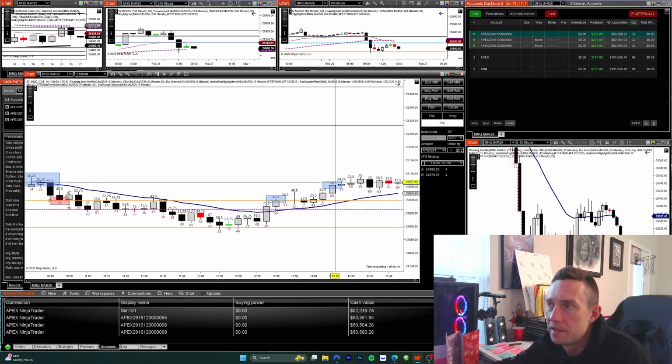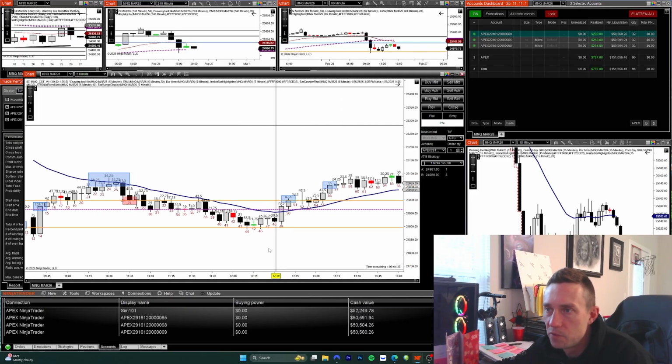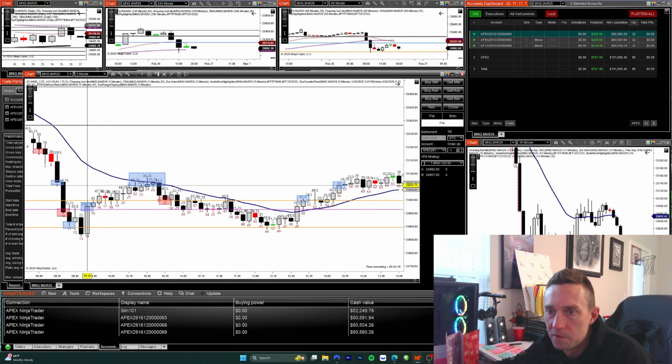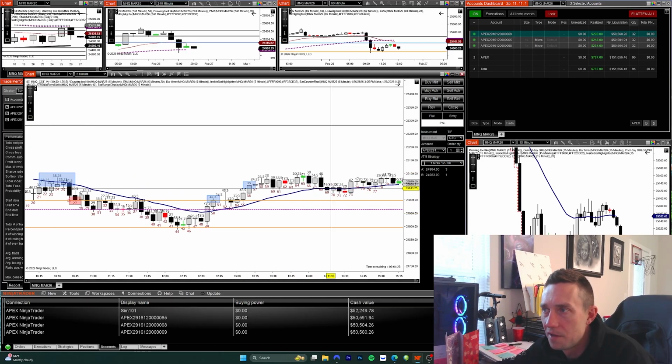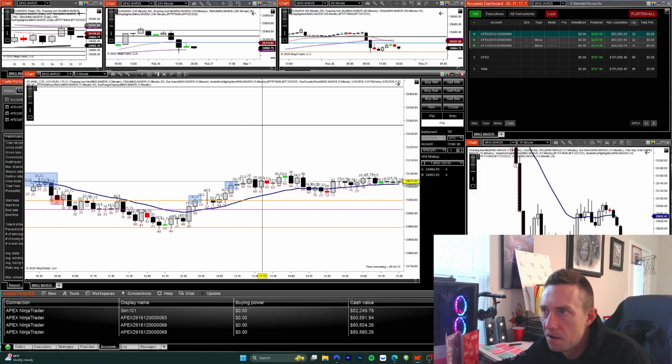I decided not to take that one either. I thought we could get a few points out of that, but I just didn't want to risk it, because we had been in this sideways range for most of the day. Ever since like 9:45, we were in this tight sideways range here. Not the greatest price action, so I chose to sit out.